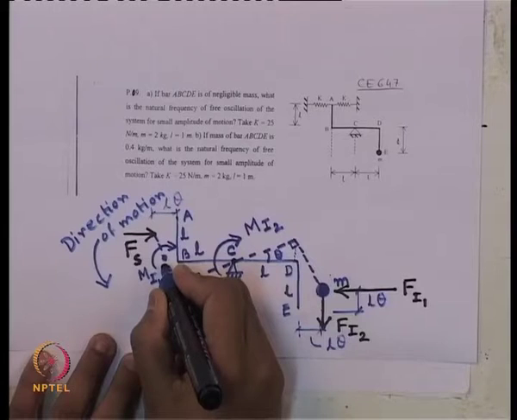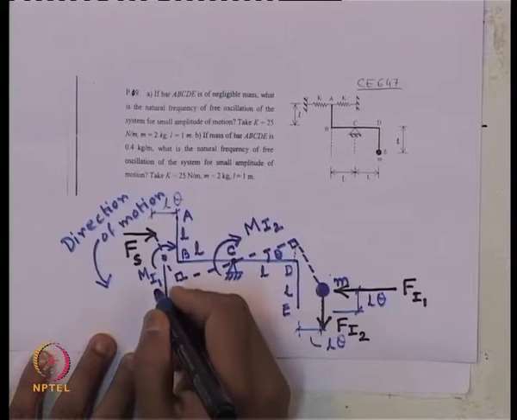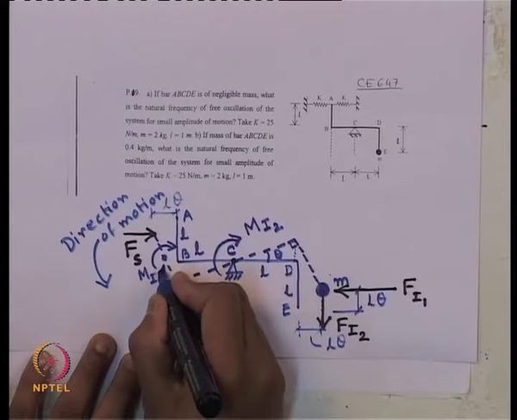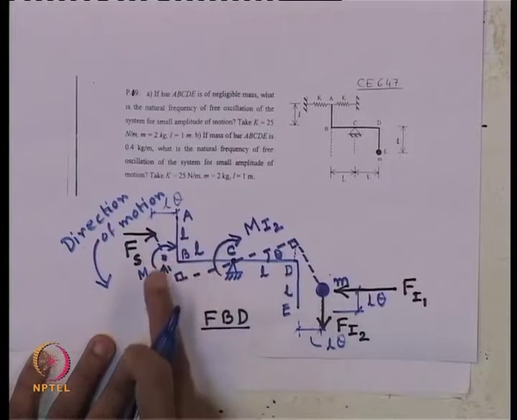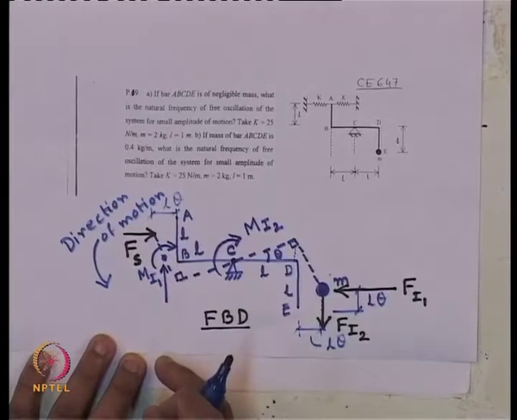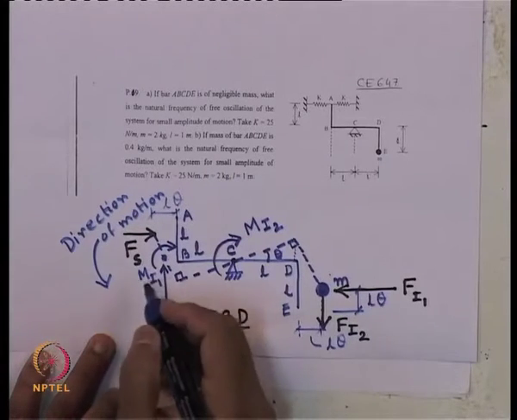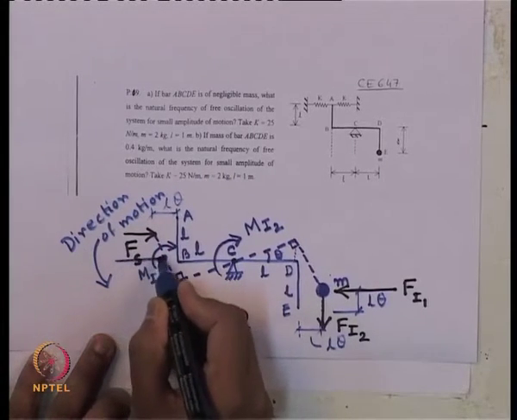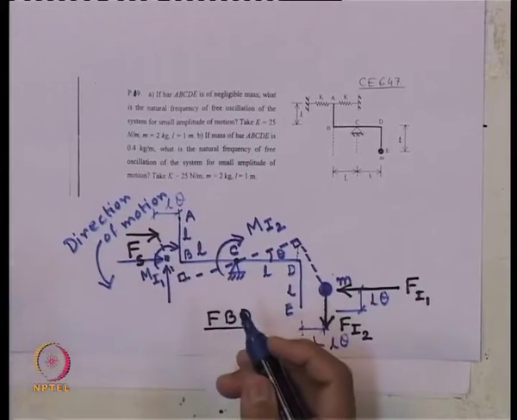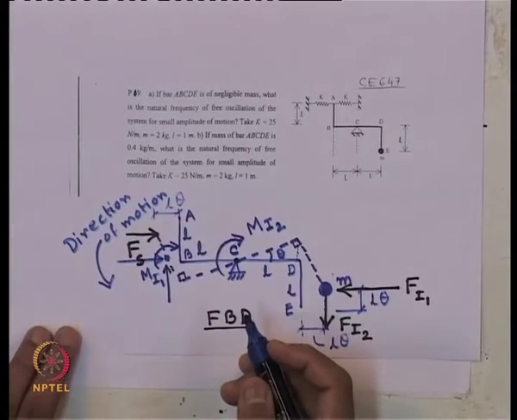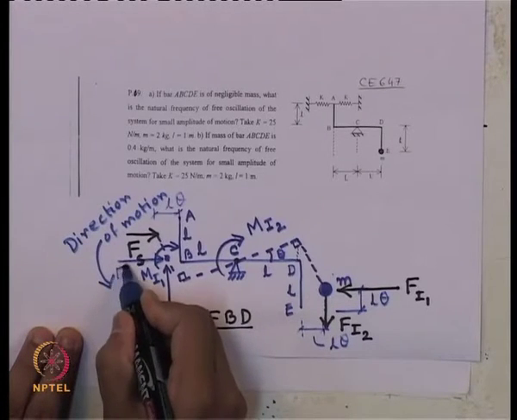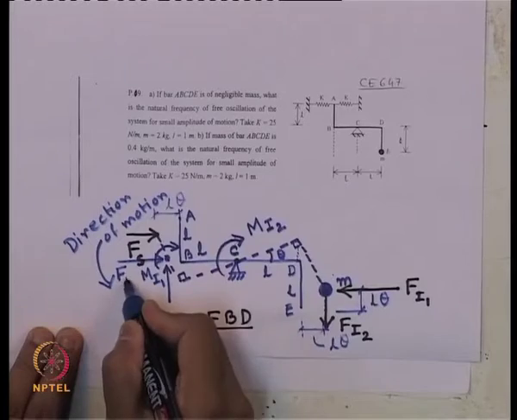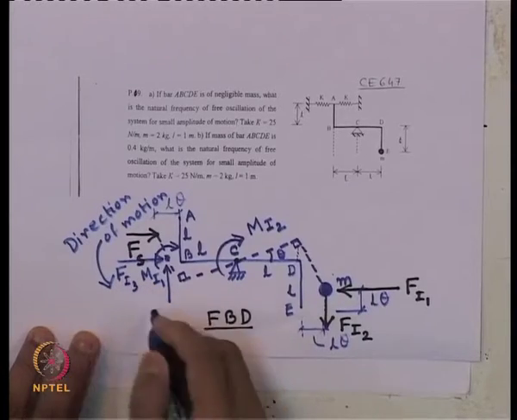Now we will have a vertical inertia force acting vertically upward, because this point has moved down, and a horizontal inertia force in this direction, which will try to bring it back to its original position. Let us denote these as F I 3 and F I 4.